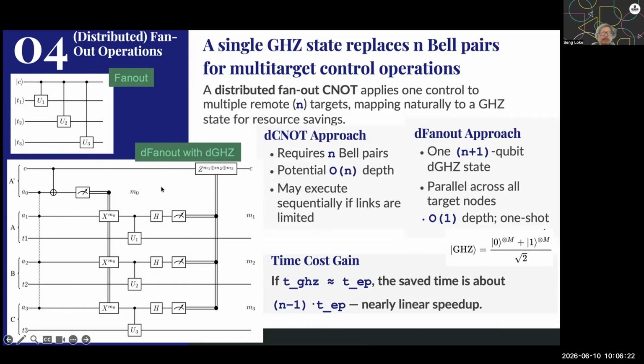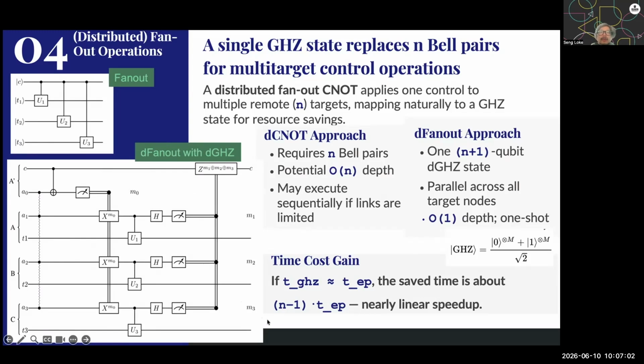Supported by that, with a sequence of operations like this, you would be able to implement the distributed fan-out operation. Of course, in this case, it's not exactly depth one. It is a constant depth, O(1) depth. There's a sequence of operations, so it's not a depth of one, but at least it's O(1) depth. So no matter how many nodes or qubits are involved in a D fan out, you can get a constant depth operation for a distributed fan-out.